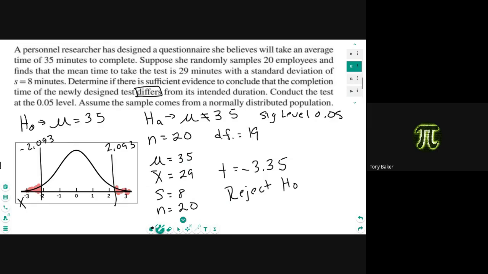So there's significant evidence to conclude that the completion of the new test differs from its intended duration. I swear I have one in here that fails.